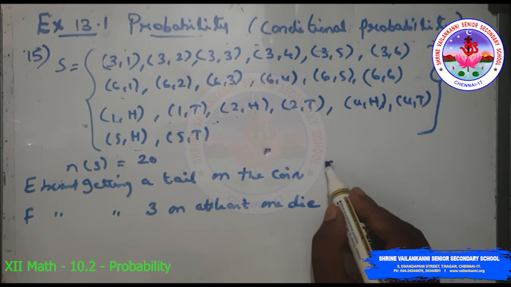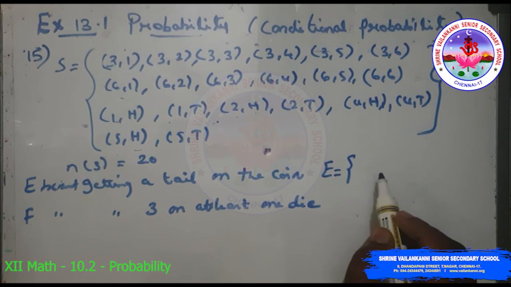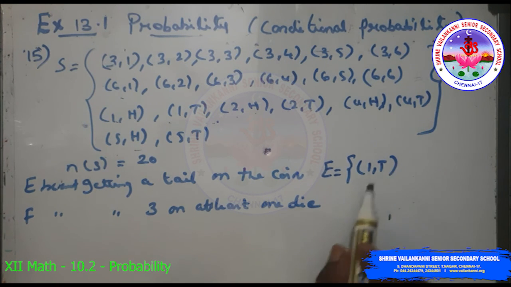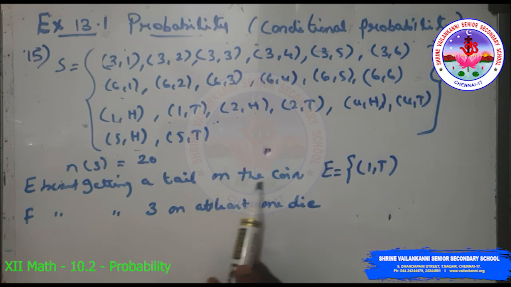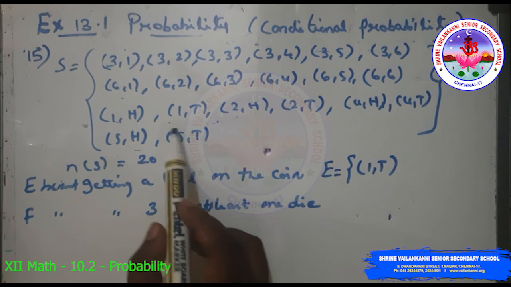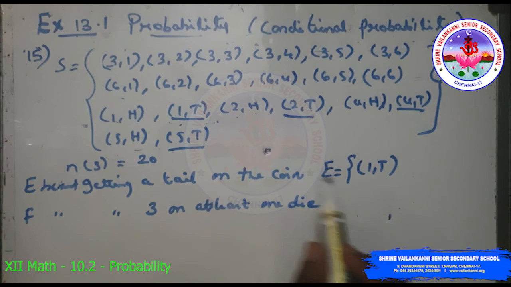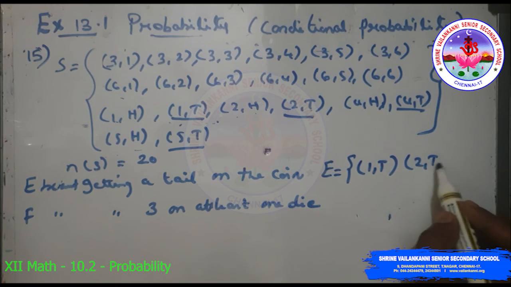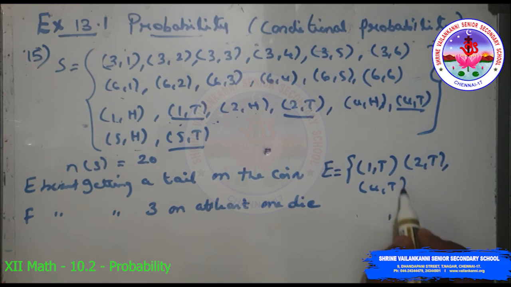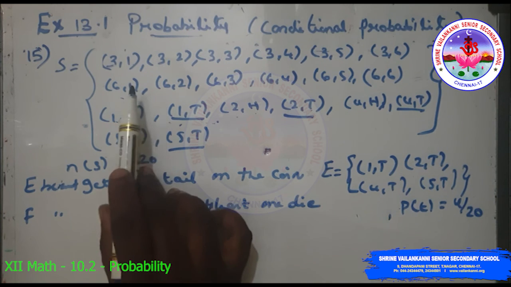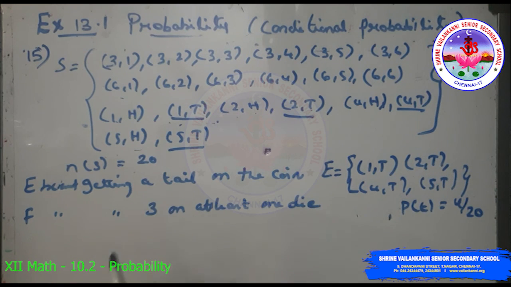So E equal to 1T, 2T, 4T and 5T. So P of E is 4 by 20. Here the sample space is 20.